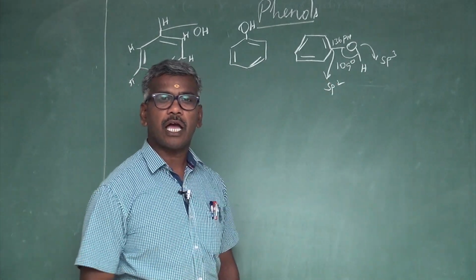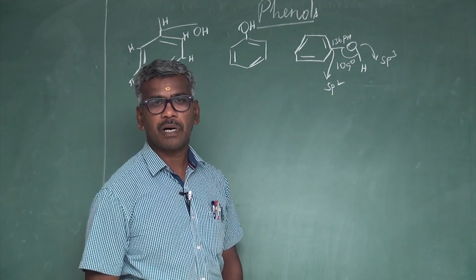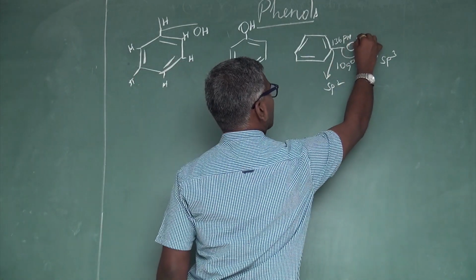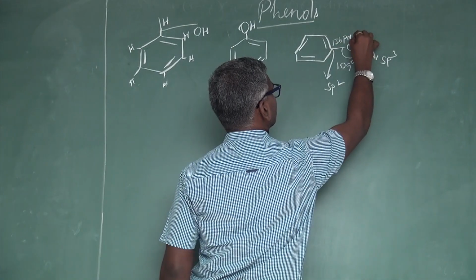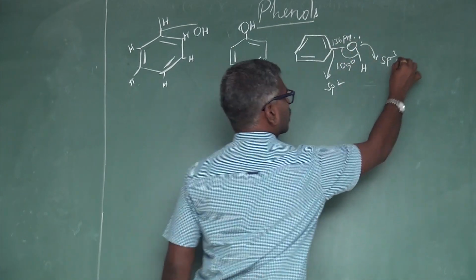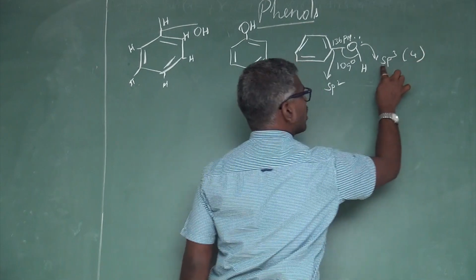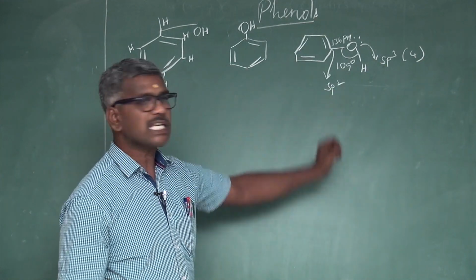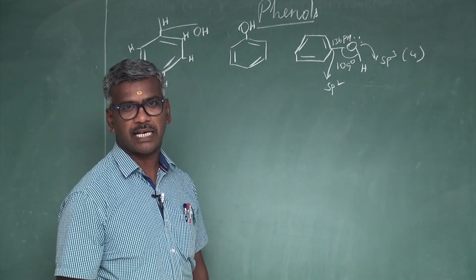How to calculate hybridization? Number of sigma bonds plus number of lone pairs. Here the oxygen has 2 lone pairs and 2 bond pairs, totally 4, 1 from the s orbital and 3 from the p orbital. So the oxygen atom is sp3 hybridized.